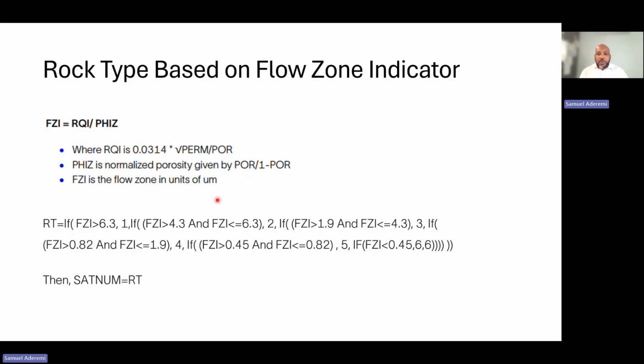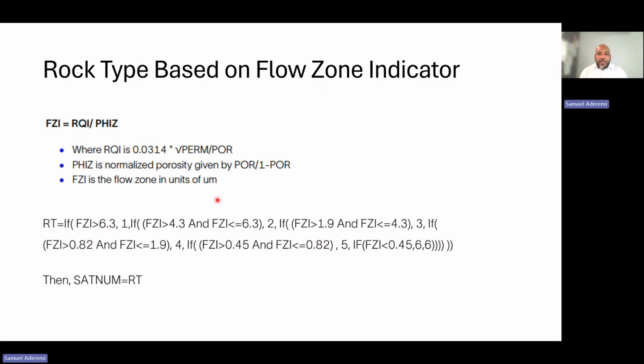So it is important to put them in what we call rock typing, to really understand the different rock types that we have. One of the methods that we use is what we call the flow zone indicator, FZI, which is a method that groups rock based on their flow behavior rather than maybe porosity or permeability alone.